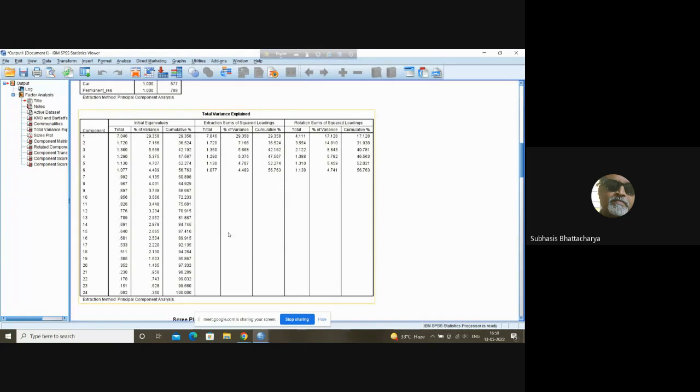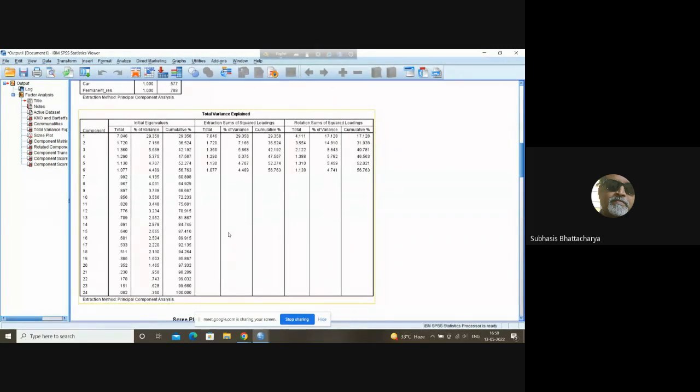The second component has a value of 1.720, which explains 7.166%. And 36.524 is the cumulative explanation of variance of the first two components.